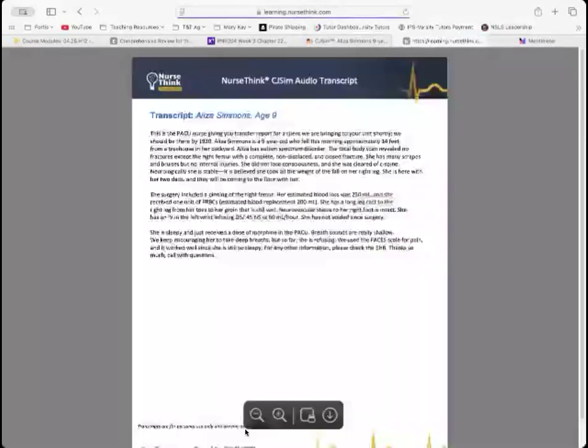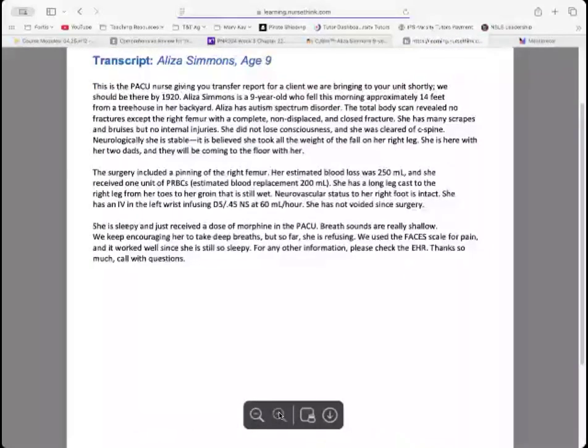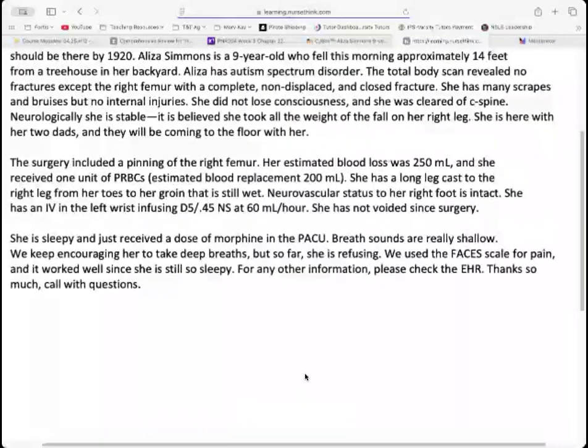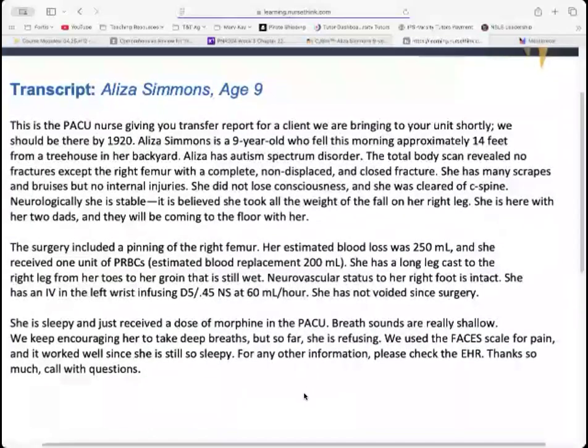Okay. So what were some of those important things that they told us when it came to Eliza? Yes, she has autism. What else?